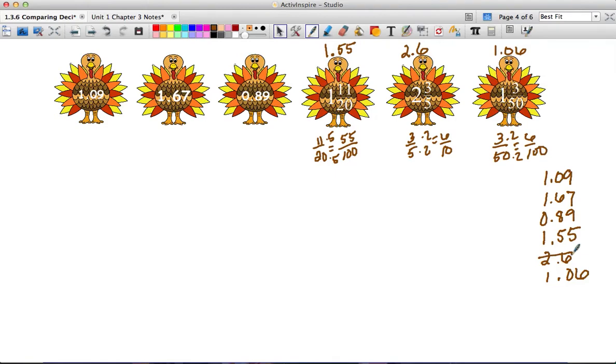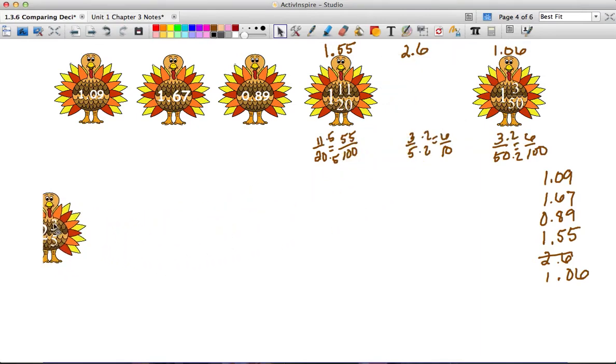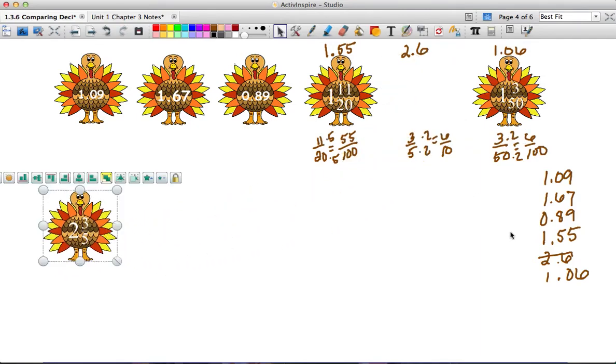In this case, I'm not going to bother changing that at all since it is the biggest number as it has a 2 for the whole number and everything else has 1. But because it was written as a fraction first, that's what I need to put in my sequence. So I am going to put 2 and 3/5 first as that will be my biggest number.